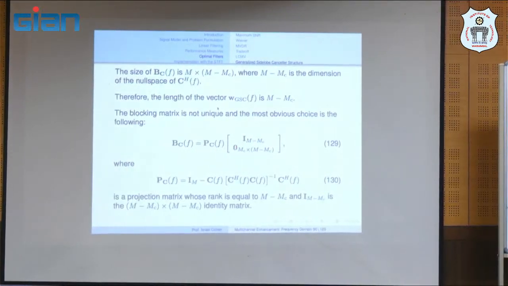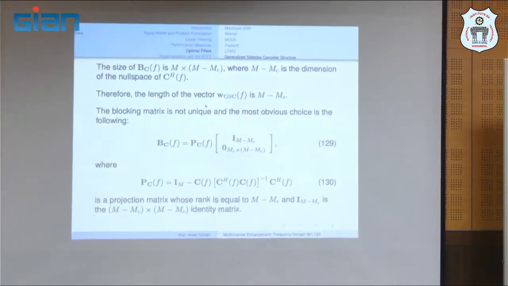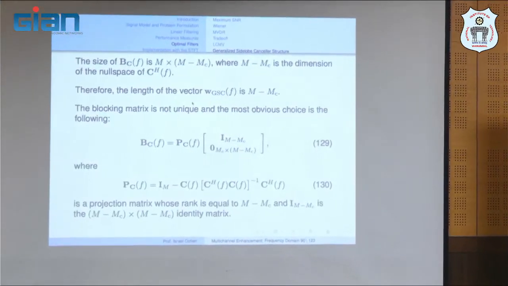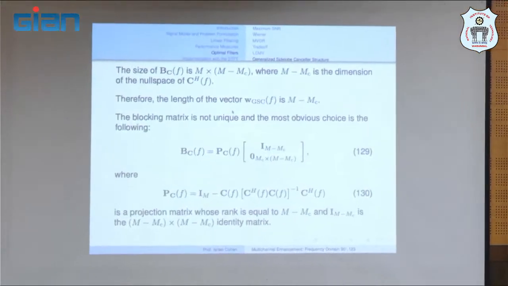The rest are 0. And this is a projection matrix that projects the input signals here onto the null subspace of the constraints.